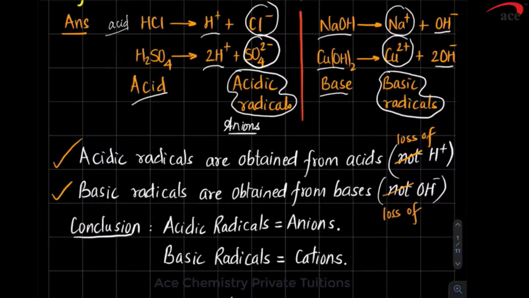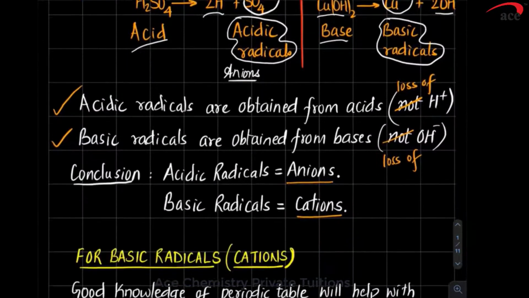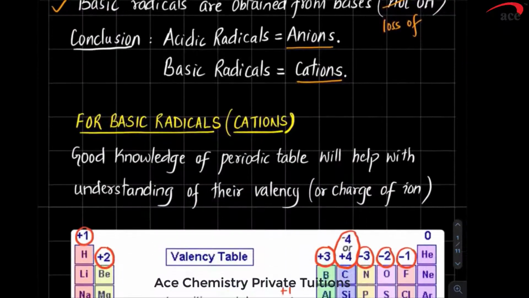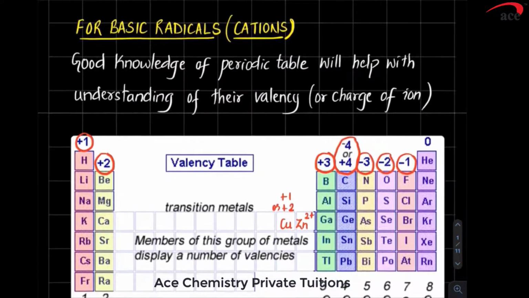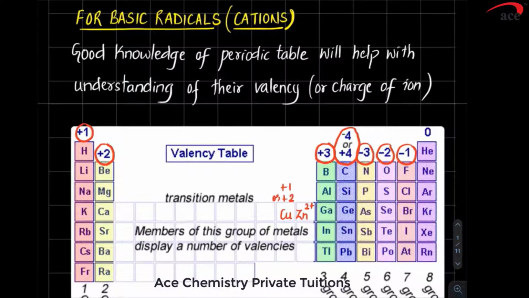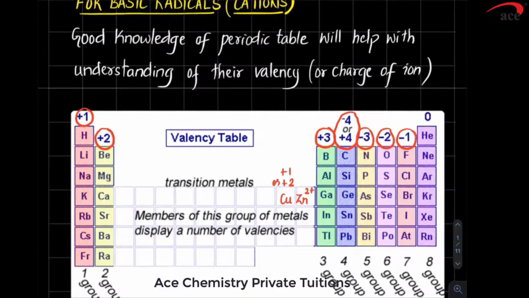The shorter version for you to know: acidic radicals are anions associated with acids and basic radicals are cations associated with bases. To remember basic radicals, good knowledge of the periodic table will help. So you all should have basic knowledge of the periodic table.